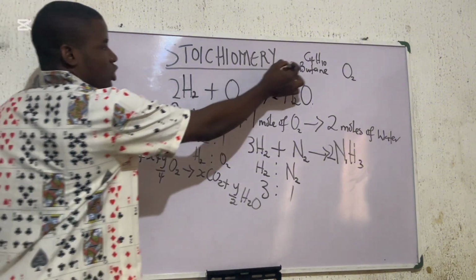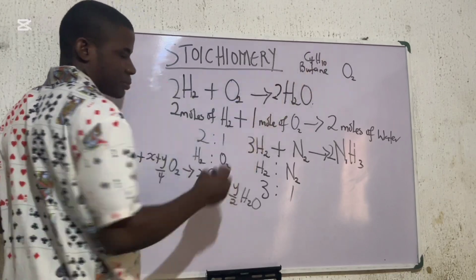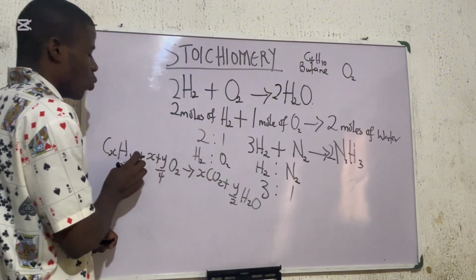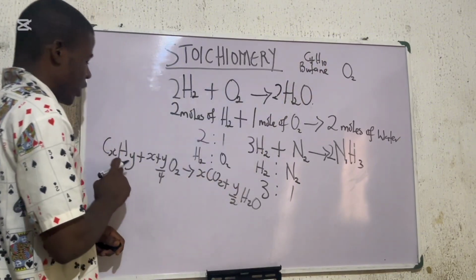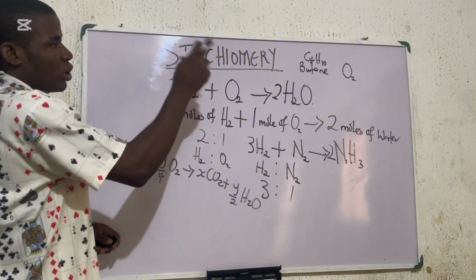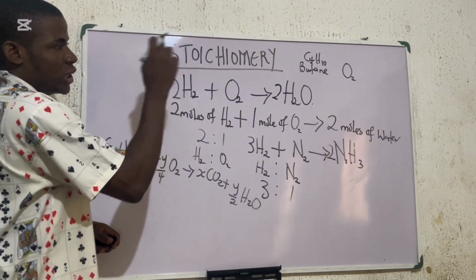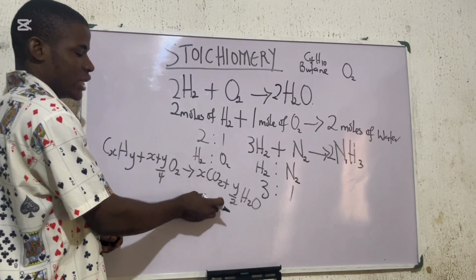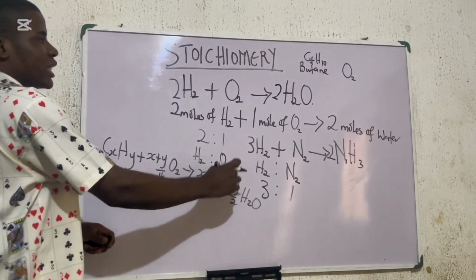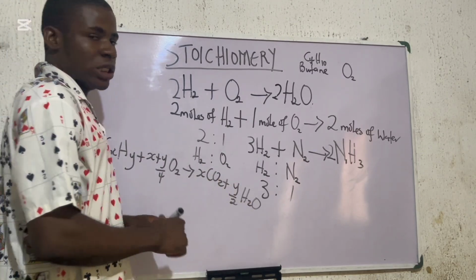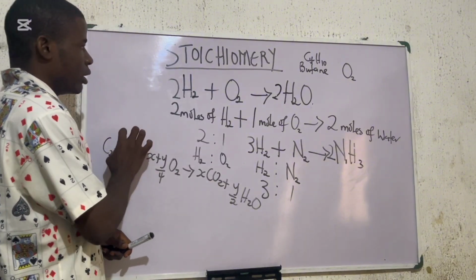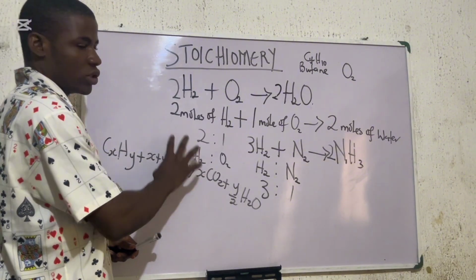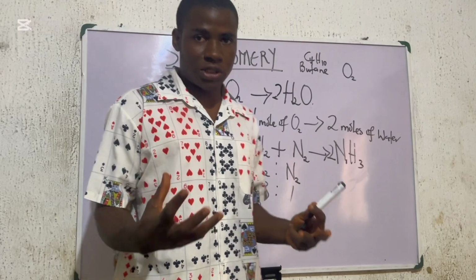Where x refers to the atoms of carbon, and y refers to the atoms of hydrogen. So wherever you see x here, you put 4. Wherever you see y here, you put 10. Does it make sense? And in combustion, we must get carbon dioxide and water. So write the balanced chemical equation, then tell me the mole ratio of butane to oxygen. I hope you understand very well.